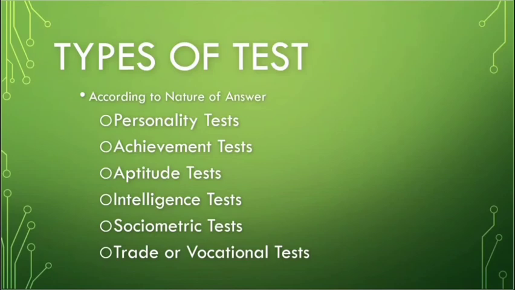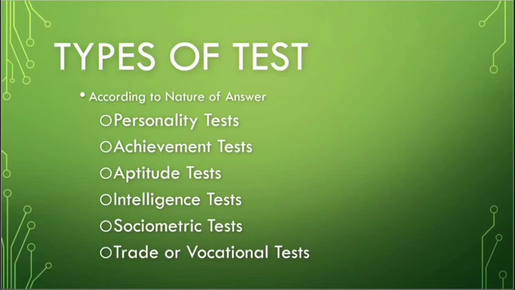Before moving to senior high school and into college, they have to take the NCAE, the National College Admission Examination. This provides information to the learners about their potential courses in college, so there will be no mismatch. That's an example of the aptitude test.